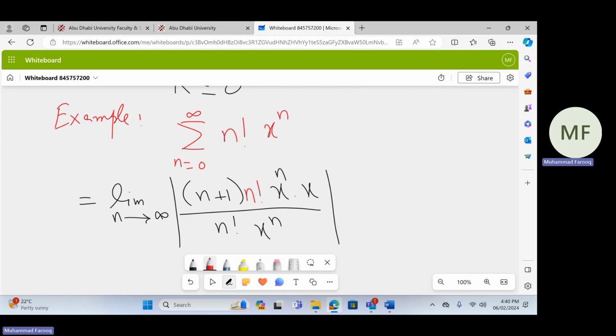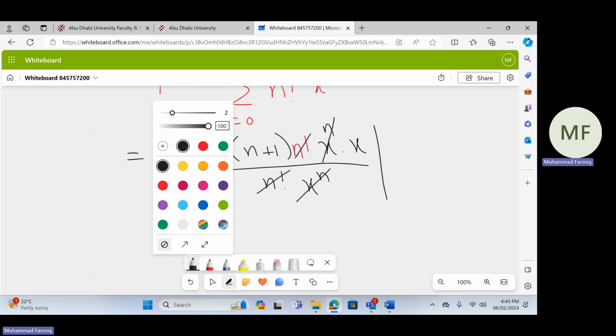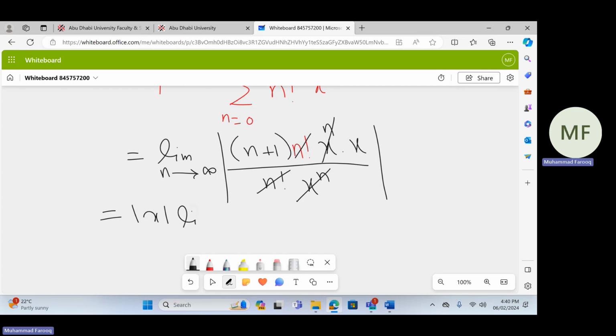I explained many times how to expand factorials. So this and that cancel. You can take the absolute value of x outside, and here is the absolute value of x. Now the limit as n goes to infinity, you have n plus 1 with the same value, and it is infinity, yes.